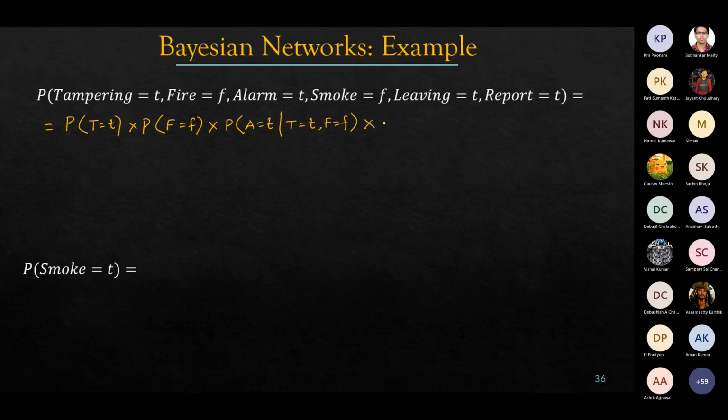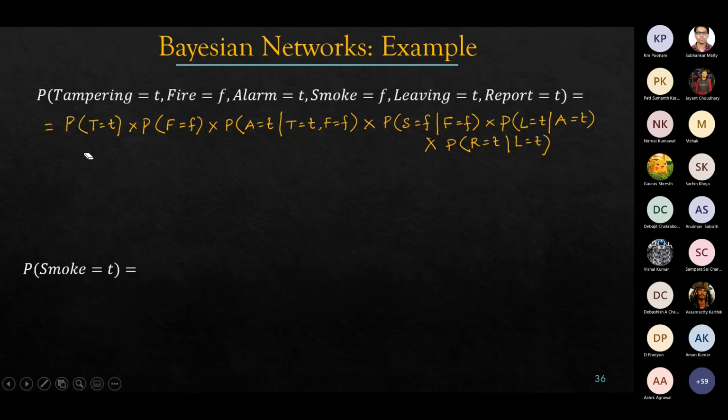Smoke depends only on fire. So probability smoke equal to false given fire equal to false, right? And probability leaving, right? Leaving depends on what? Alarm, right? So leaving equal to T given alarm equal to T, multiply probability report equal to true given leaving equal to true, right?